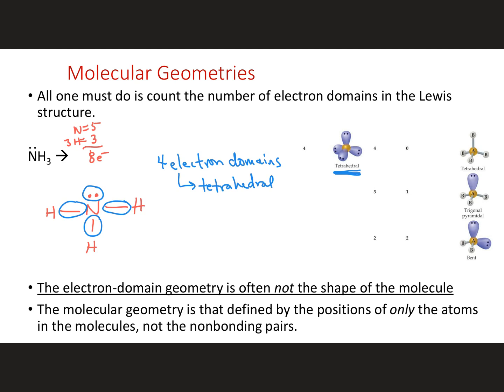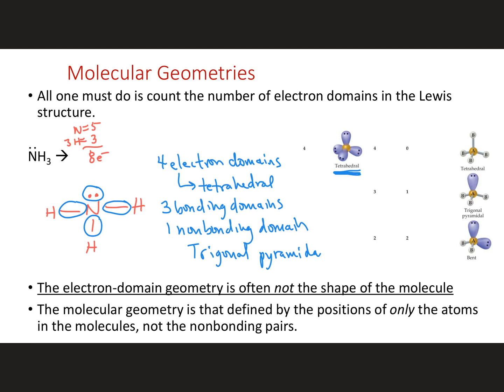Of those 4 electron domains, 3 are bonding and 1 is non-bonding. So based on that, I am trigonal pyramidal. I have 3 electron domains that are bonding and 1 non-bonding, and that would give me the geometry of ammonia.